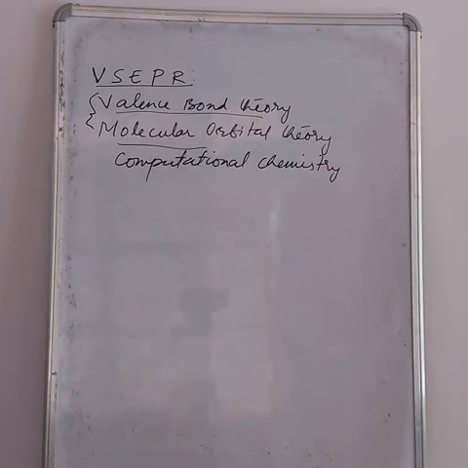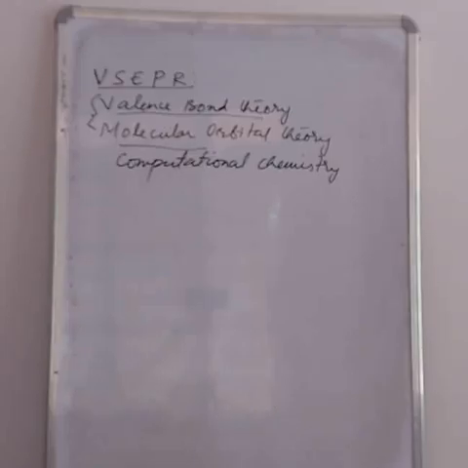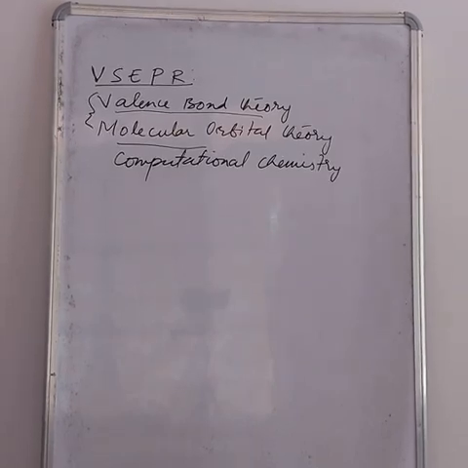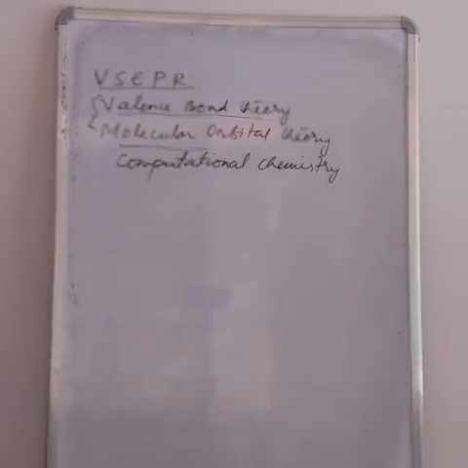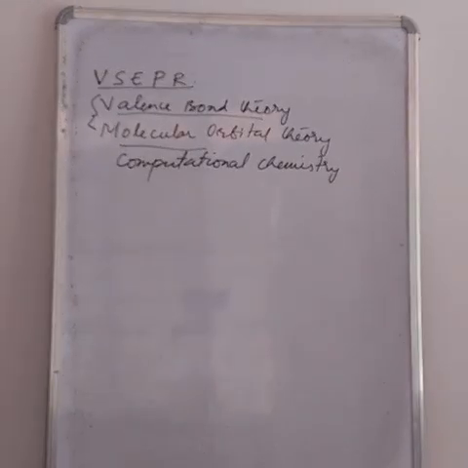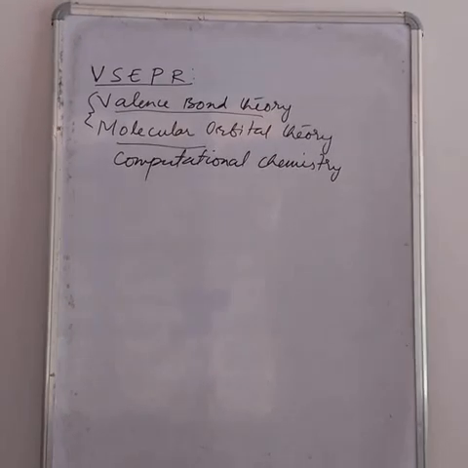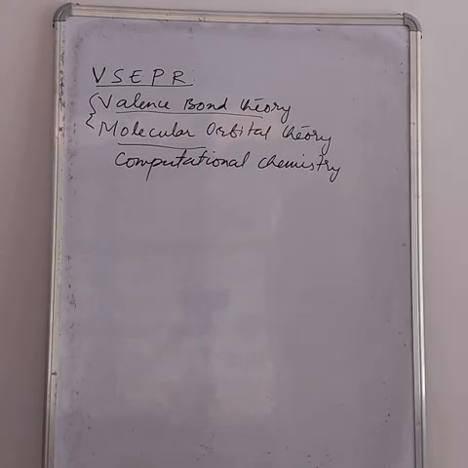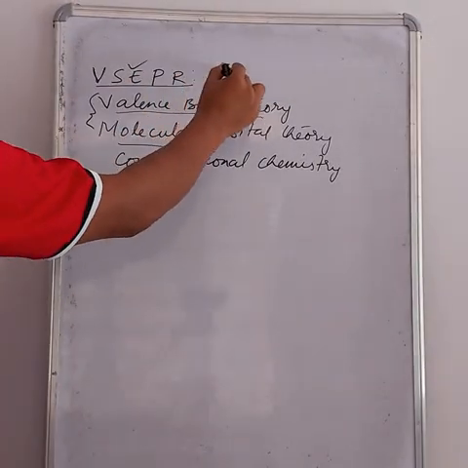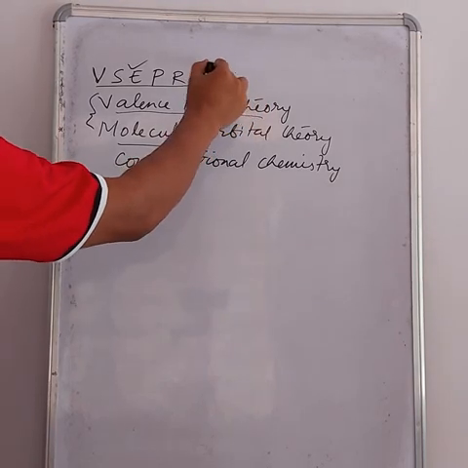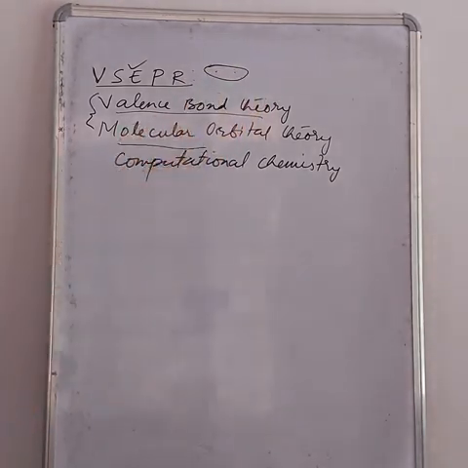Now, there are some assumptions in valence bond theory. It's given in your book, but the basic idea is that in VSEPR theory, it's simply sharing of electrons between two atoms, thereby giving us a bond between the two atoms.